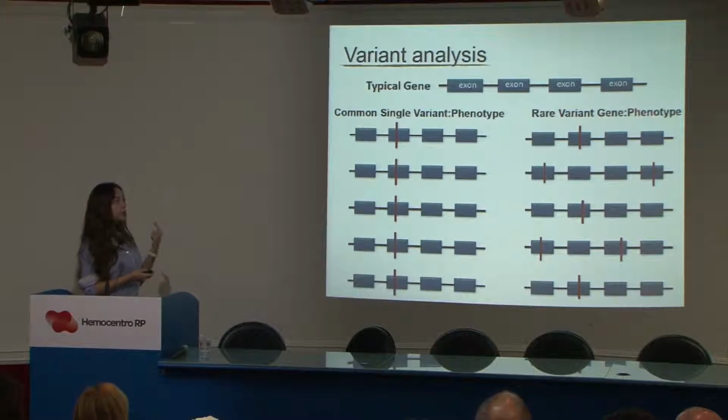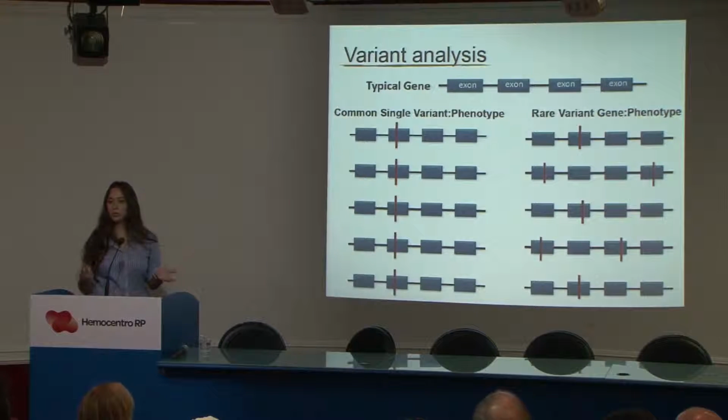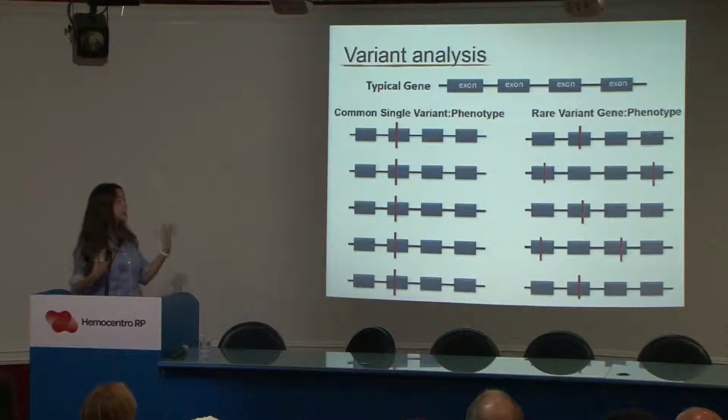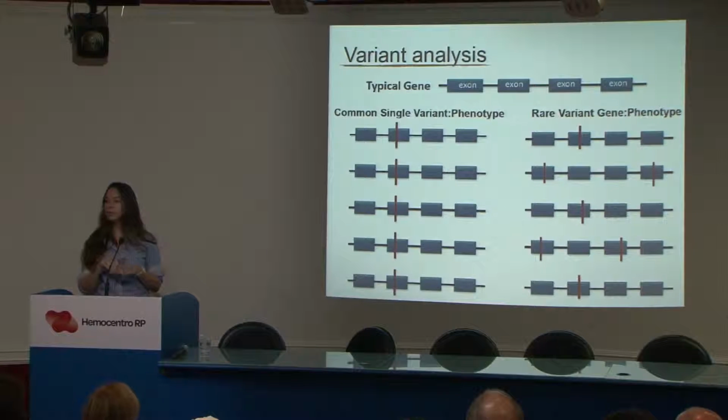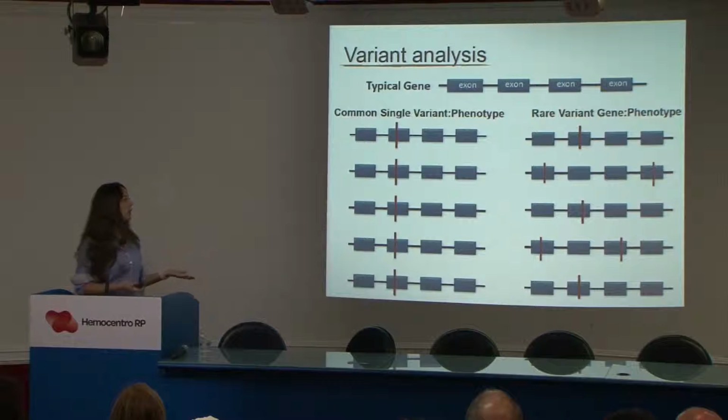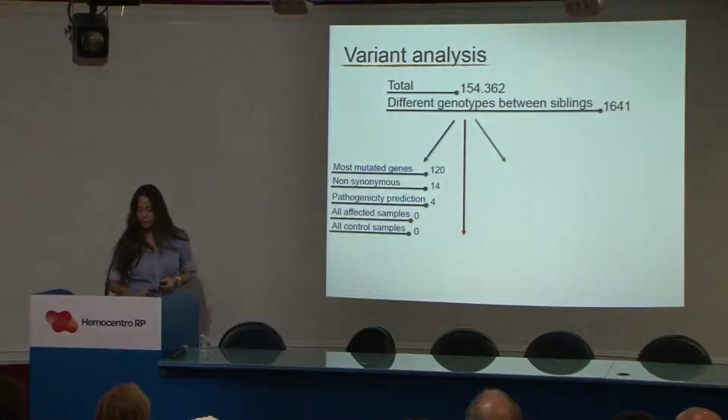We can have one gene hypermutated, with a lot of mutations in a lot of exon positions. And the other type is we can have mutations in a lot of genes in the same pathway, and this can cause the disease. We performed these 3 types of analysis to identify what can be the causative mutations for this phenotype.